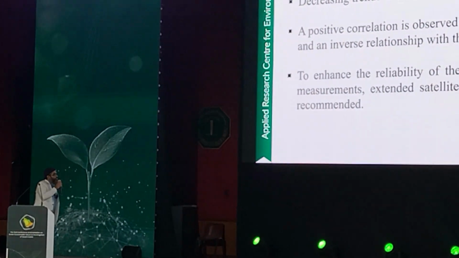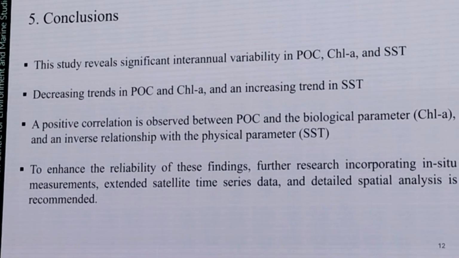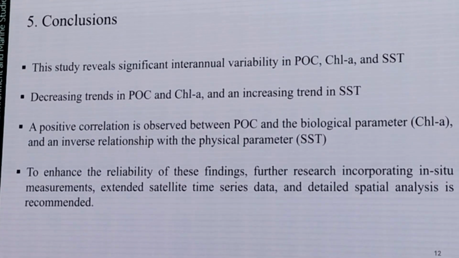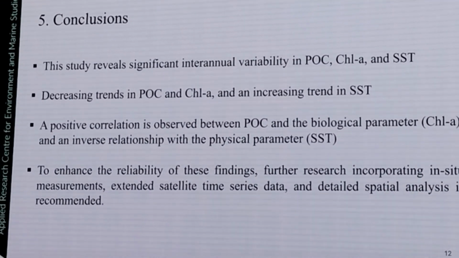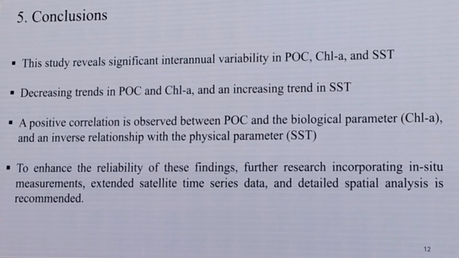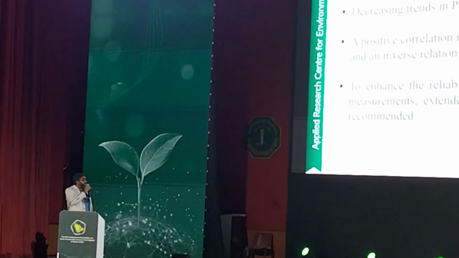Anyway, there is a positive correlation between chlorophyll and biological parameters, and an inverse correlation with physical parameters, that is sea surface temperature. So to enhance the reliability of these findings, further research incorporating in situ measurements, extended satellite time series data, and detailed pattern analysis is recommended.